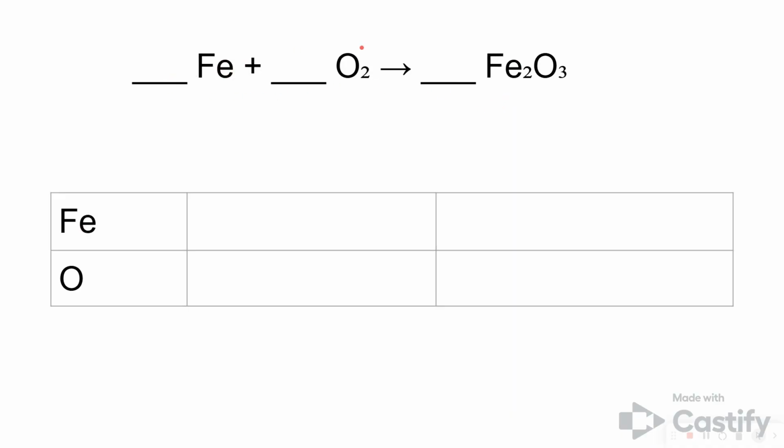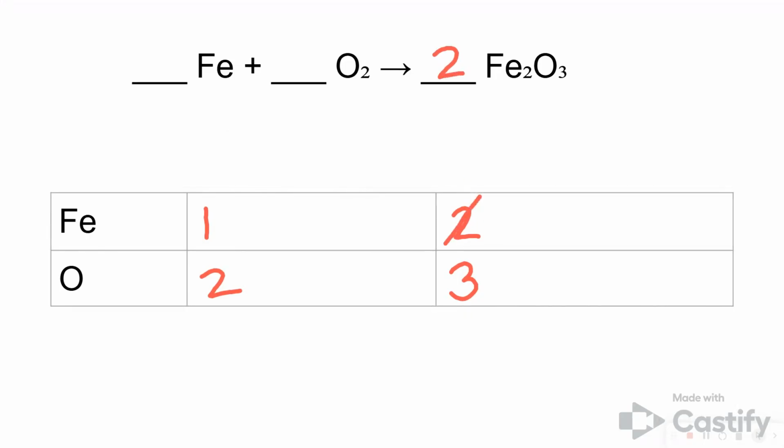Alright, so now iron and oxygen. If we have 1 iron here, and 2 iron here, and then we have 2 oxygen and 3 oxygen. Once again, we have an odd number of oxygen on the product side and an even number on the reactant side. So we need to multiply this by 2 right here.